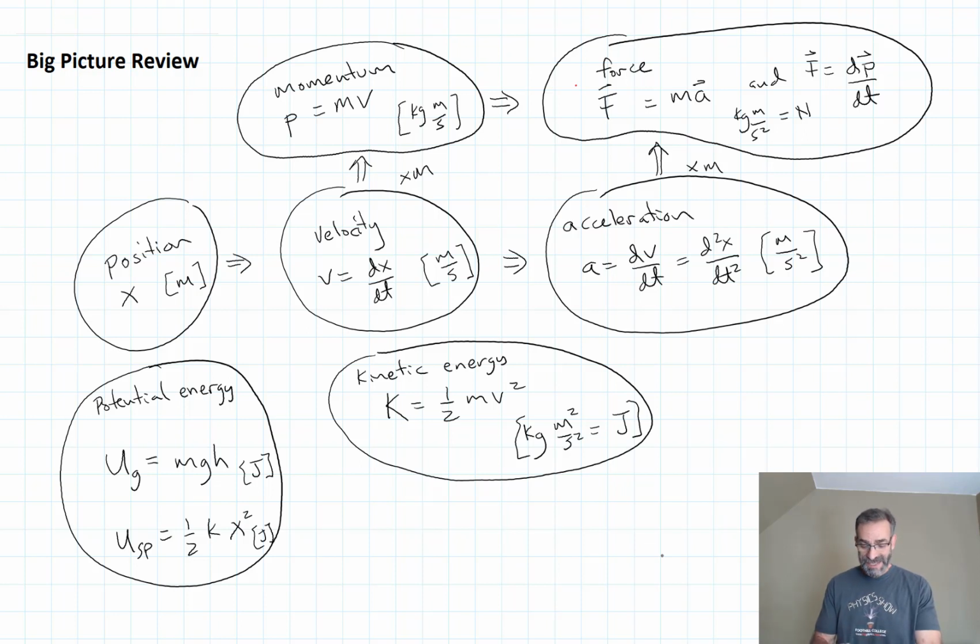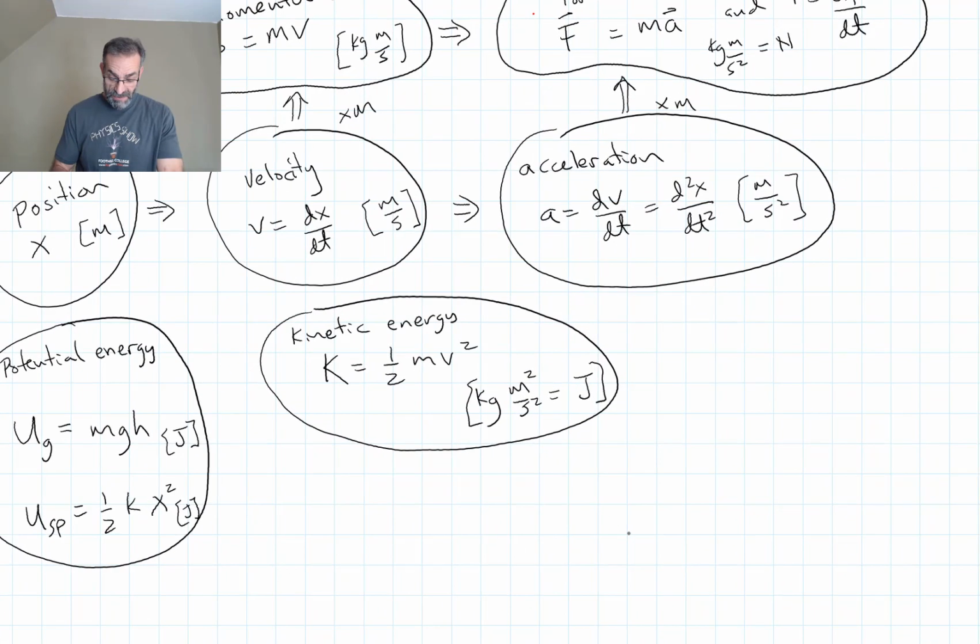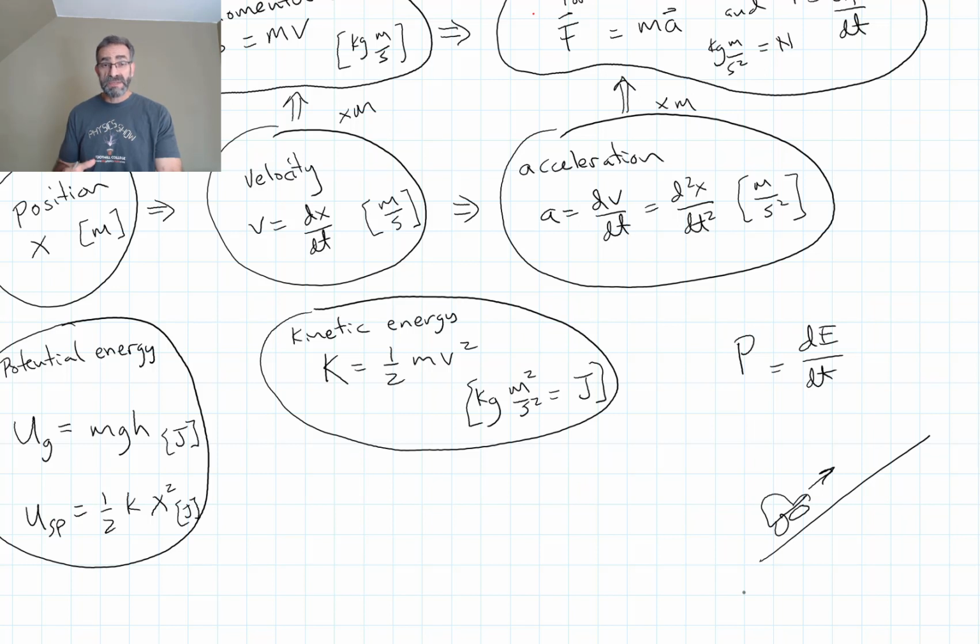Well, what did we do? With momentum, we took a time derivative, we got force. With velocity, we took a time derivative, we got acceleration. So what happens if we take a time derivative of energy? We get power. And power tells us how quickly we can do work. If we want to drive a car up a hill, we could drive up that hill with a small, weak engine in our car if the gearing was right, but it would take a long time to get up there.